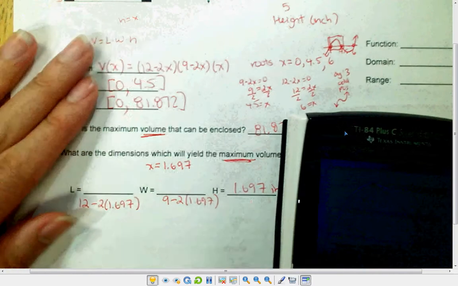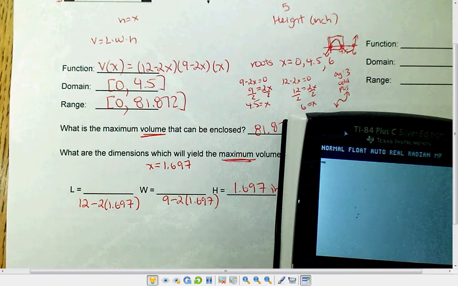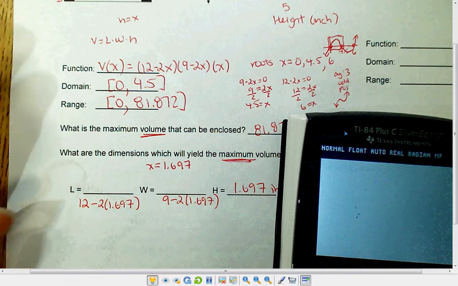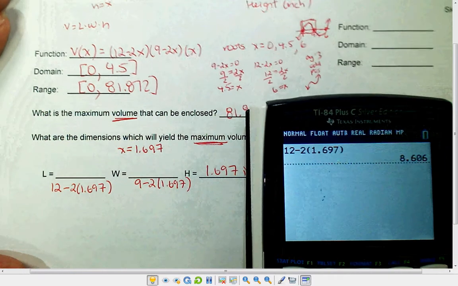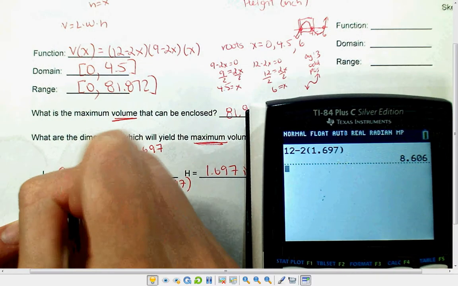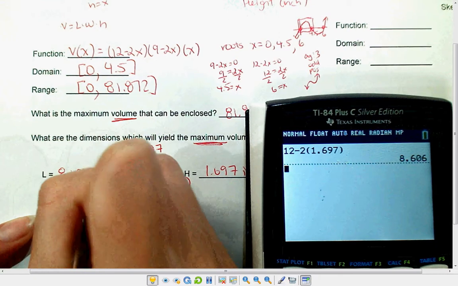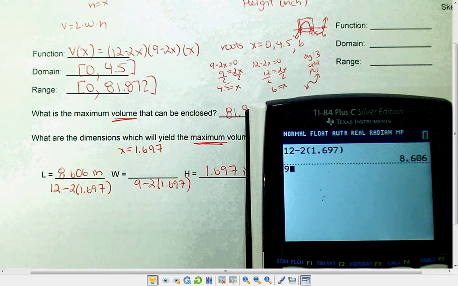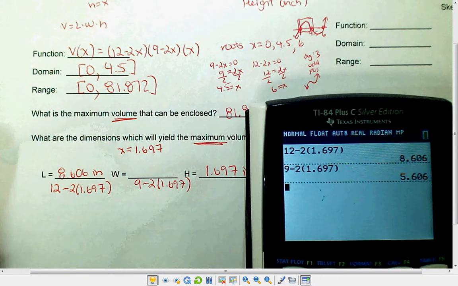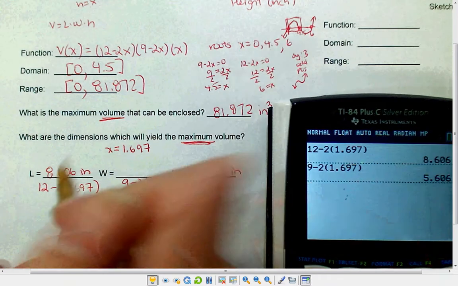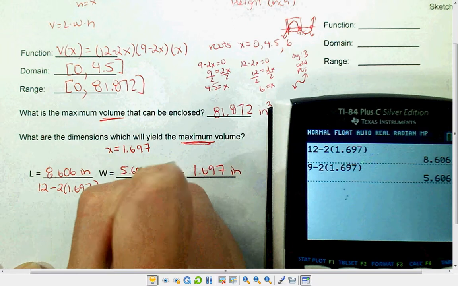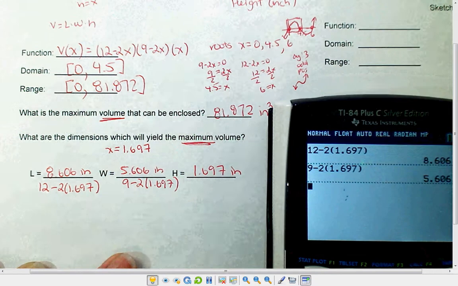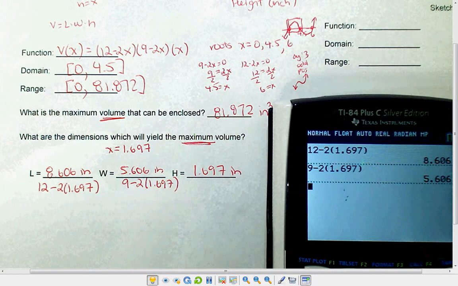So we have 12 minus 2 times 1.697. This gives me a value of 8.606 inches. Width is 9 minus 2 times 1.697, which gives me 5.606 inches. And those are my length, width, and height. They're all in inches.